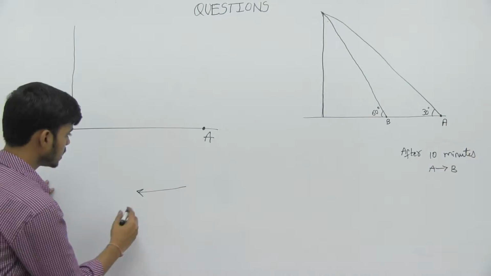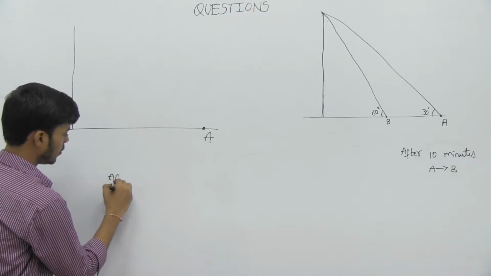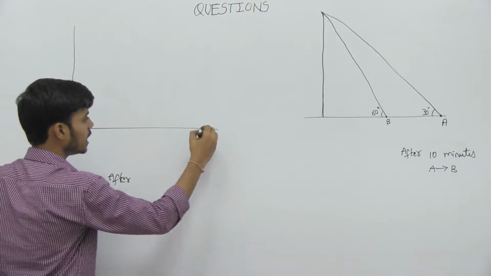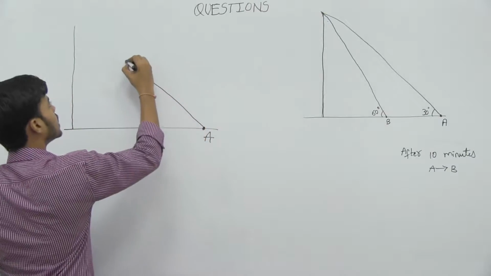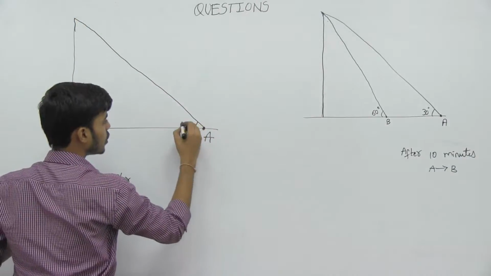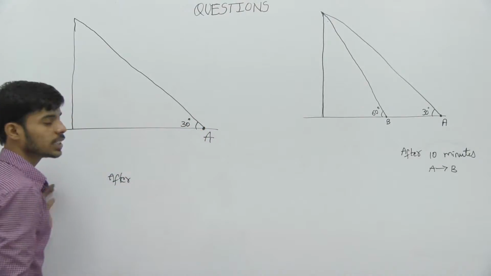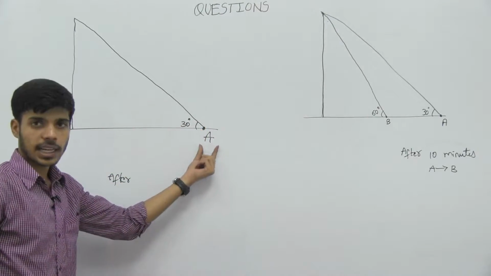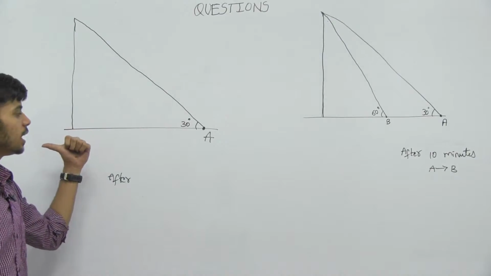So initially he sees the top of the pillar at an angle of elevation of 30 degrees. Now he starts walking towards the pillar.